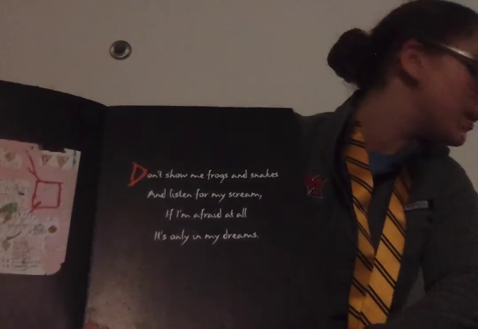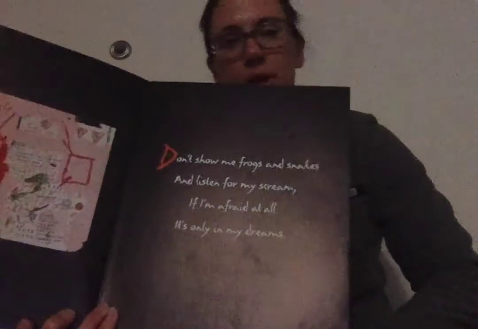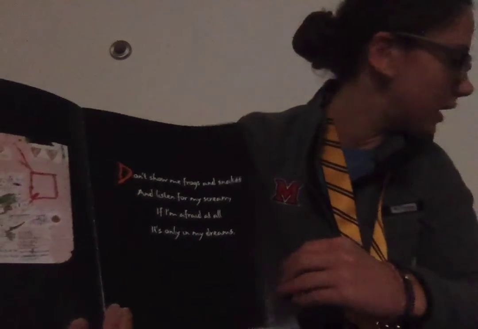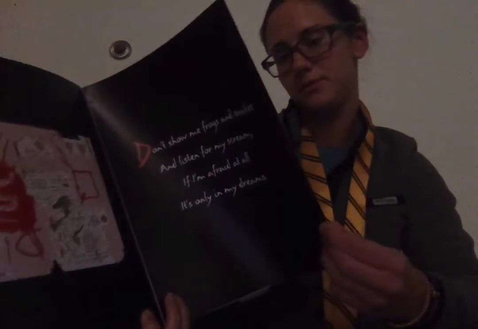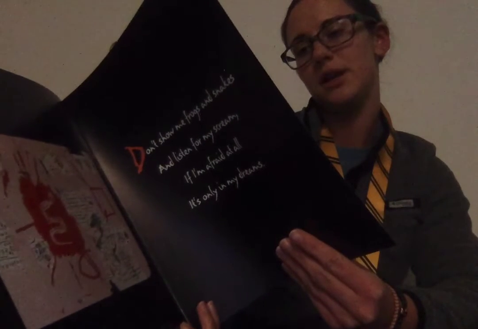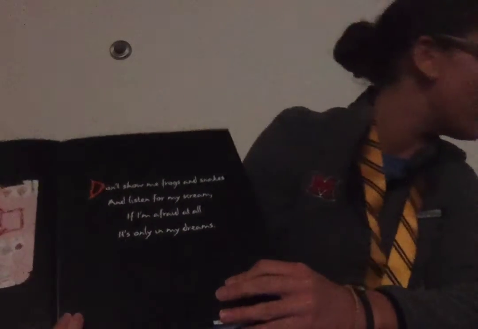A nursery rhyme is a poem that has been retold over many years. This has not. The bio in the back says Maya Angelou was born in 1928, so it's not old enough to be a nursery rhyme.